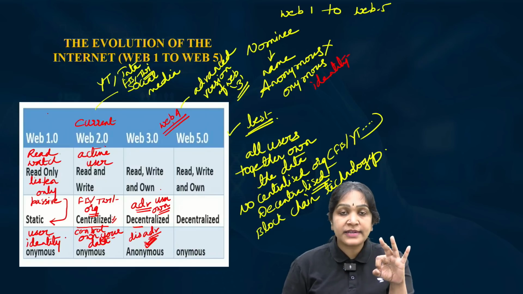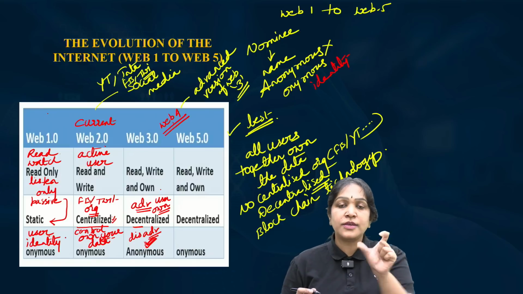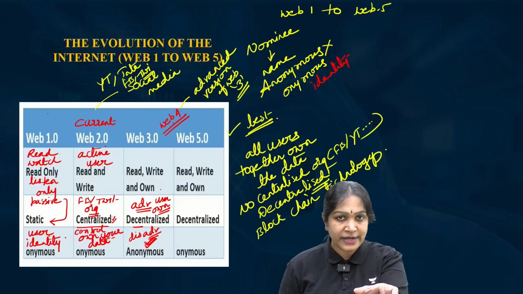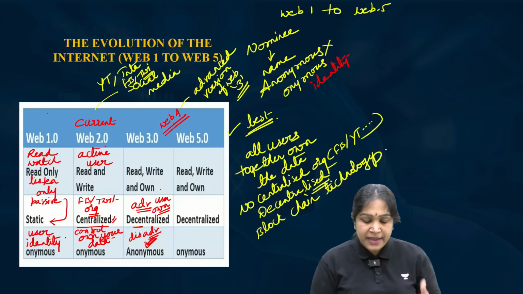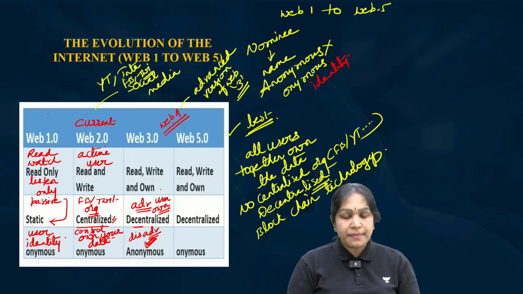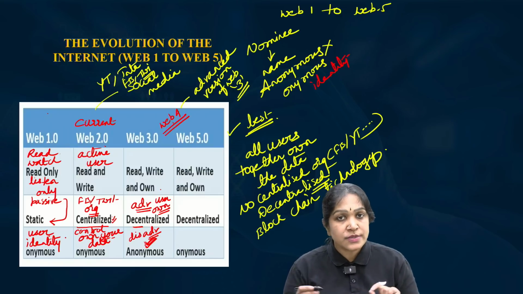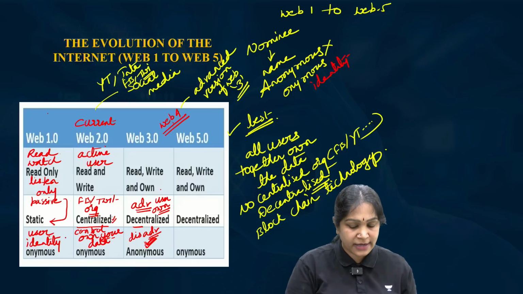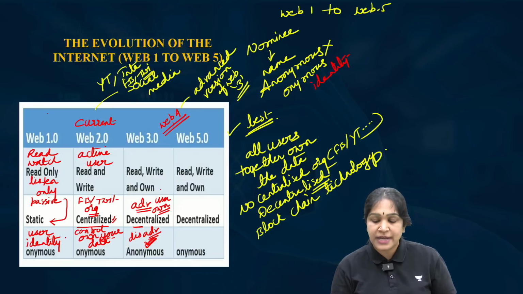The main advantage of Web 3 is users will own the data, so the centralized organization cannot misuse your data. I repeat, the main advantage of Web 2 is the user can have identity. The main advantage of Web 3 is users will own their data. The centralized organization cannot misuse your data. But Web 5 is a combination of both.